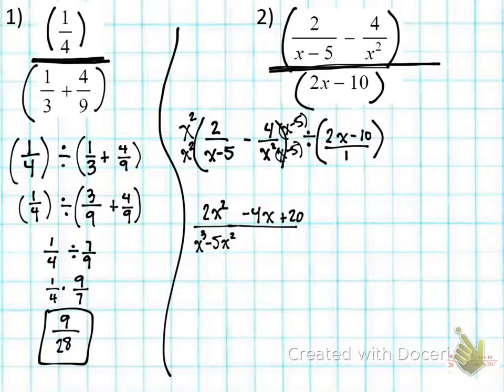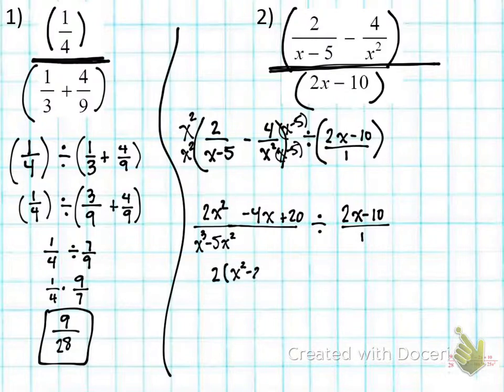Okay, that's your first parenthesis. I just simplified that with a common denominator. So now I need to continue, and I'm going to multiply by the reciprocal, but as I multiply, I want to see if I can factor anything out so that I can cancel things out. What can I factor out of this first numerator? A 2. So I'm going to factor out a 2.